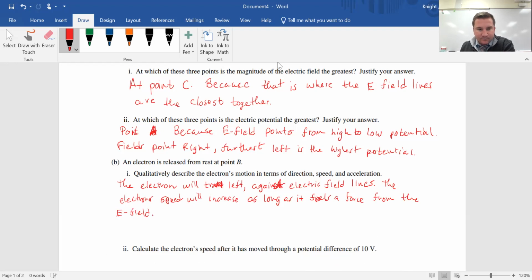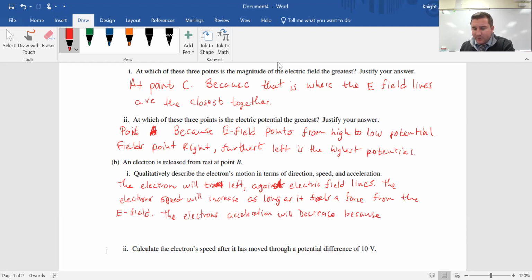Acceleration. The electron's acceleration will decrease because the field's weaker, right?